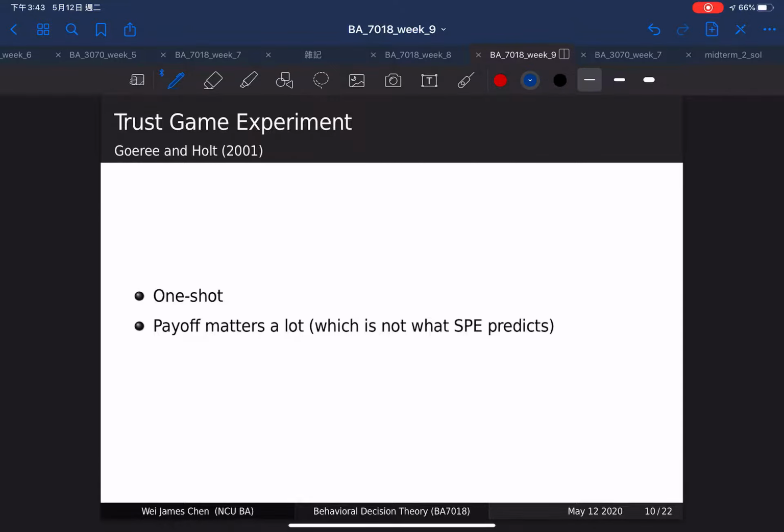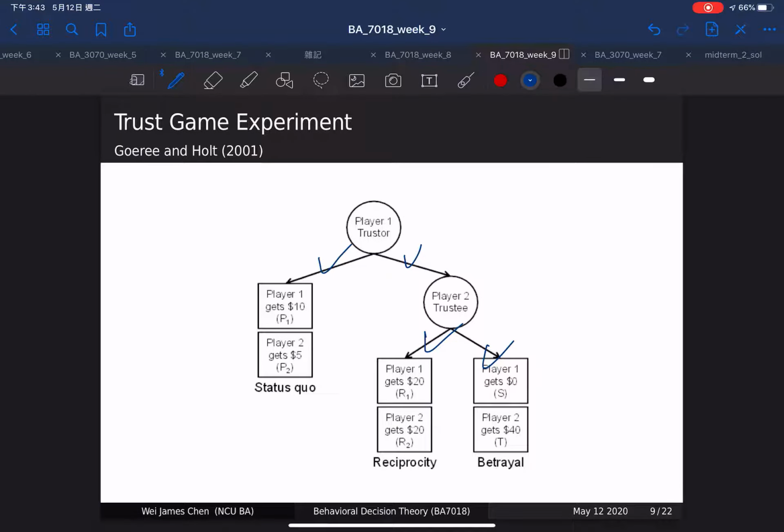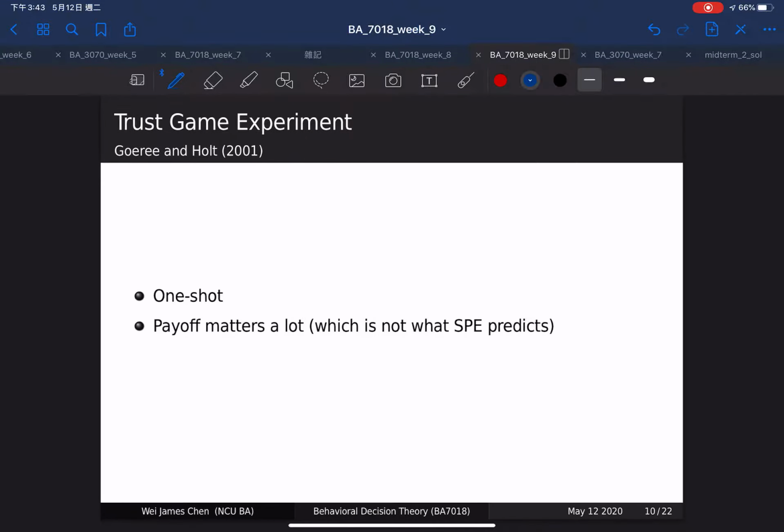What I mean by payoff is, as a responder, if betraying only gives me a little bit more, although it's still more, for example $2 more, and I can heavily damage the investor, versus the other case where if I betray, I get a lot more and also heavily damage the investor.